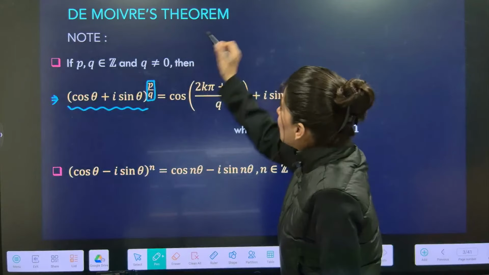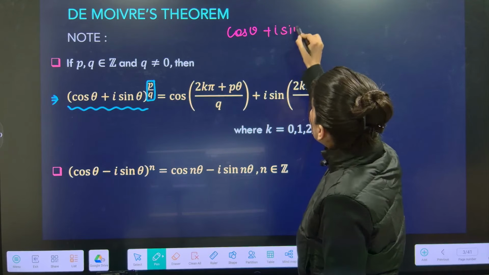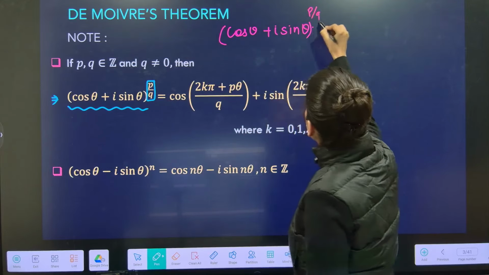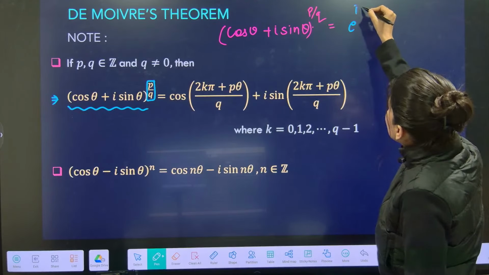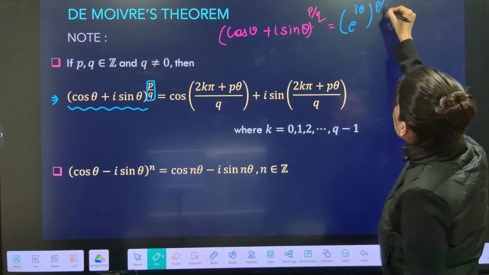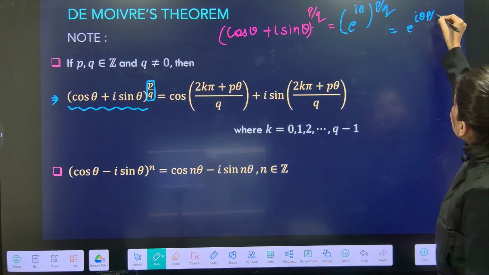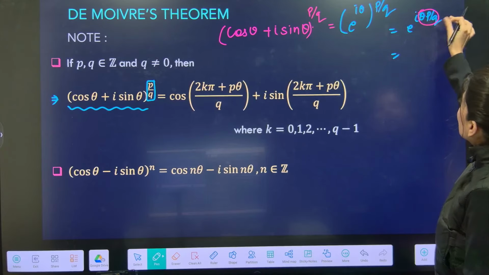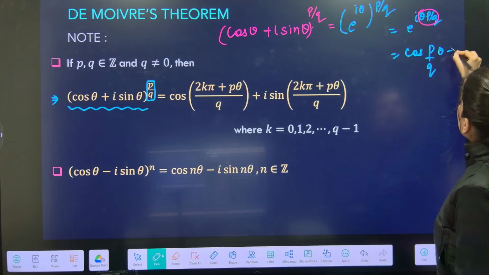So this one value I am going to write: (cos theta + i sin theta)^(p/q) is equal to (e^(i theta))^(p/q), which is e^(i theta p/q). Because theta times p/q is one entity, e^(i angle) is cos of that angle plus i sin of that angle.